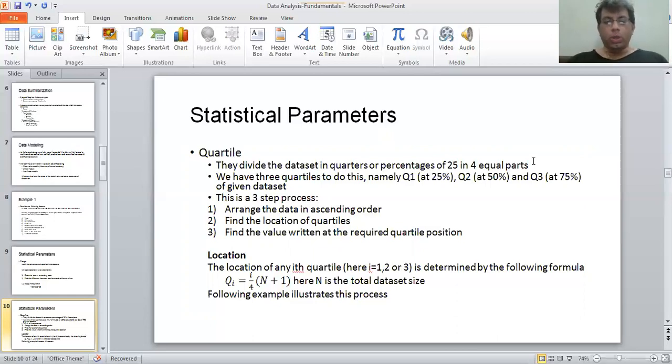When we talk about quartiles, quartile is a word taken from quarters, and quarter means four.